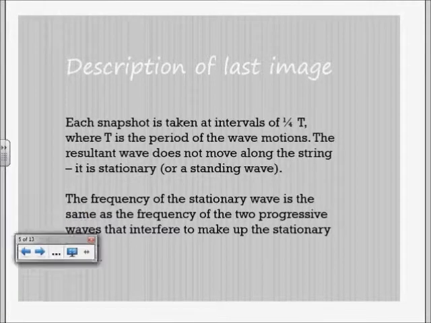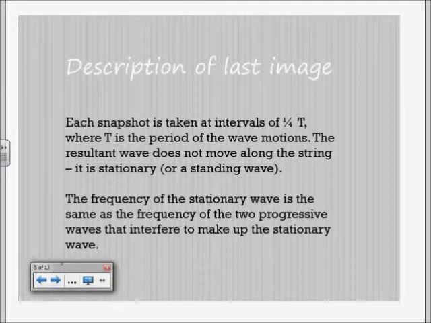And here, if this helps you, is a little bit of an explanation then. Each snapshot is taken at intervals of 1/4 of the period. The resultant wave does not move along the string, it's a stationary wave. The frequency of the stationary wave is the same as the frequency, this is an important little point I think to note, the frequency of the stationary wave is the same as the frequency of the two progressive waves that make it up. We said in our definition of stationary waves that they have to have the same frequency.